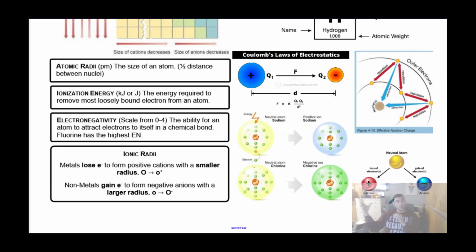Because once an electron is lost, now that ion has the same number of protons pulling on fewer electrons, and they can pull each of those electrons more effectively to the nucleus. If a neutral atom gains an electron, now the ion has the same number of protons trying to pull more electrons, and they cannot pull that extra electron as efficiently as they were before it was in the shell. So anions are always larger than the neutral atom.